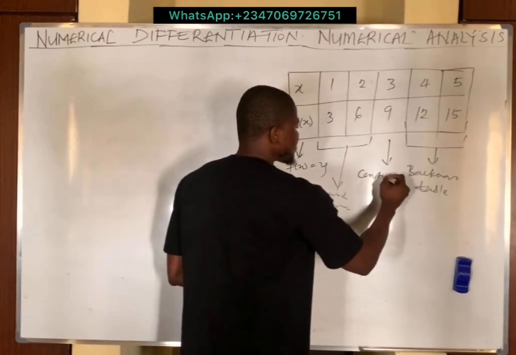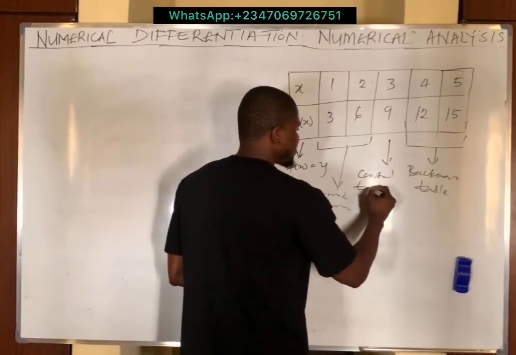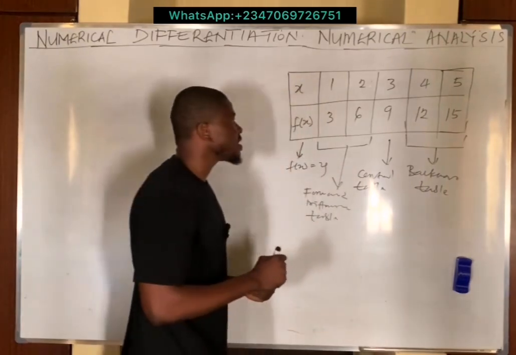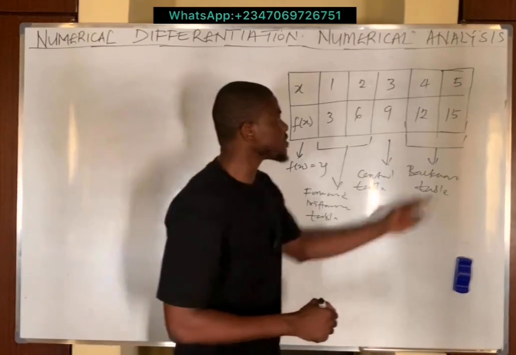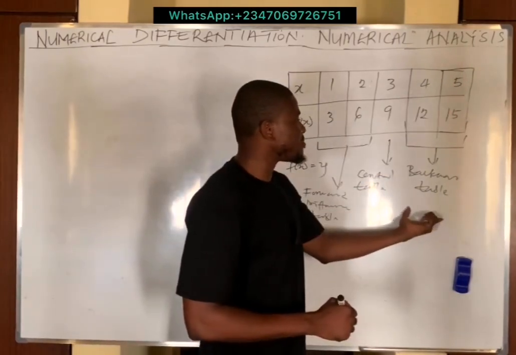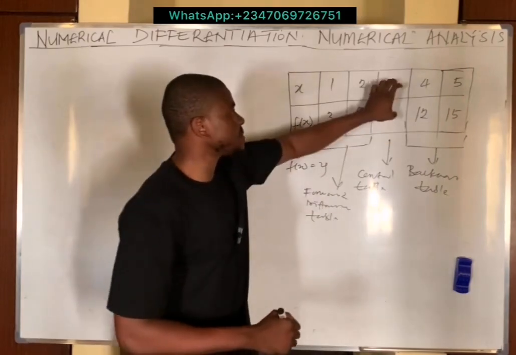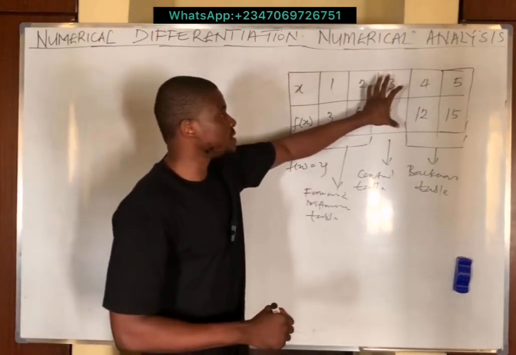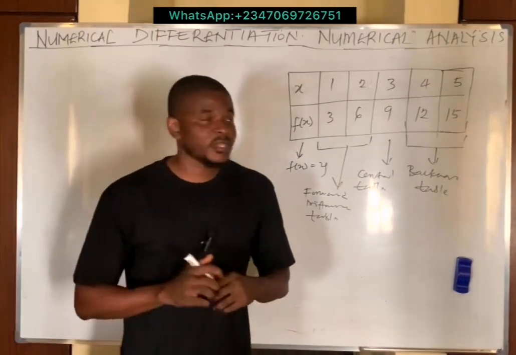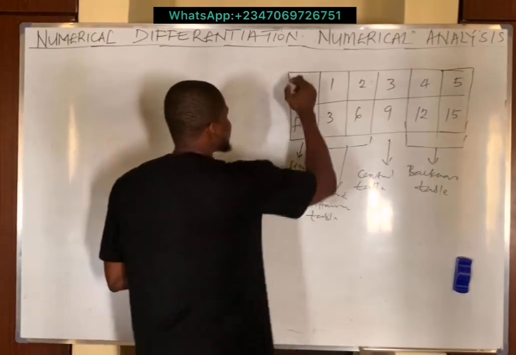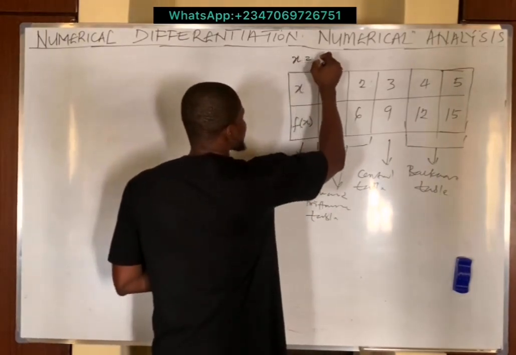So mind you, values between 1 and 2 are at the forward of the table, values between 4 and 5 are at the backward of the table, whereas values at or around 3 are at the center of the table.